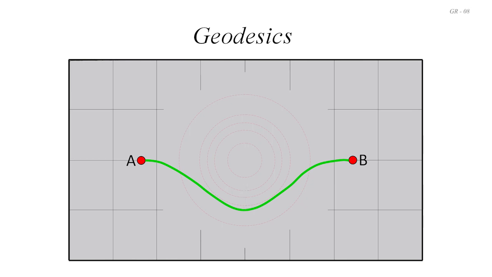The green line here is the shortest path compared to other possible paths in that nearby region. It is a local minimum. This green line is not the only geodesic, of course. Assuming this curvature has a symmetric shape, there is another local minimum around this way.